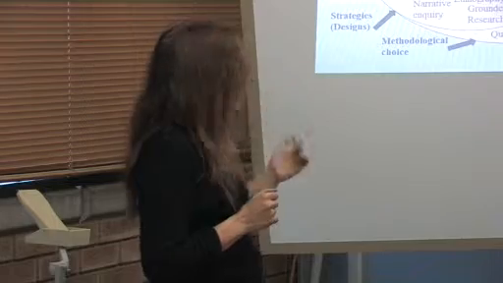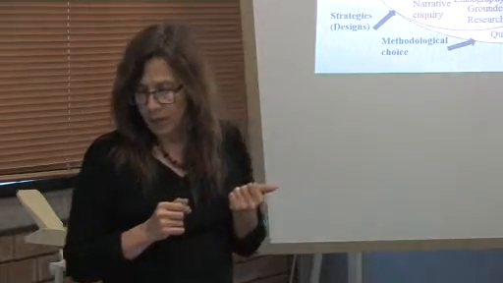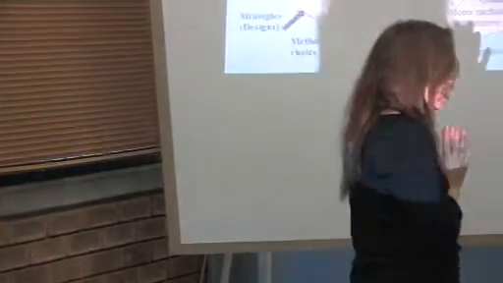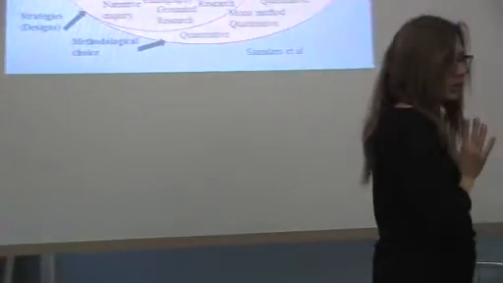Okay, the next level is around my strategy. Now, the terminology used for the next tier is quite wide. Some textbooks refer to that as my research design inherently. Saunders refers to that as my strategy.